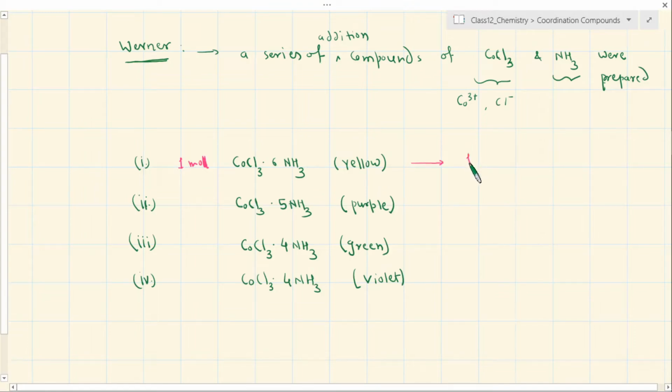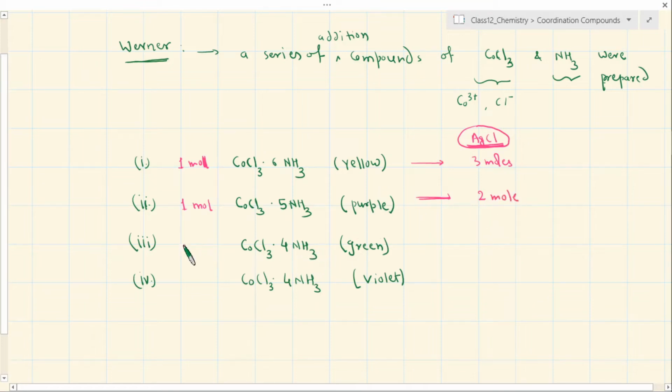The precipitate gave 3 moles of silver chloride molecules, a white precipitate of silver chloride. And if you try to estimate, you find from 1 mole of this substance you get 3 moles of this. If you do the same reaction for this, you get 2 moles of chloride.